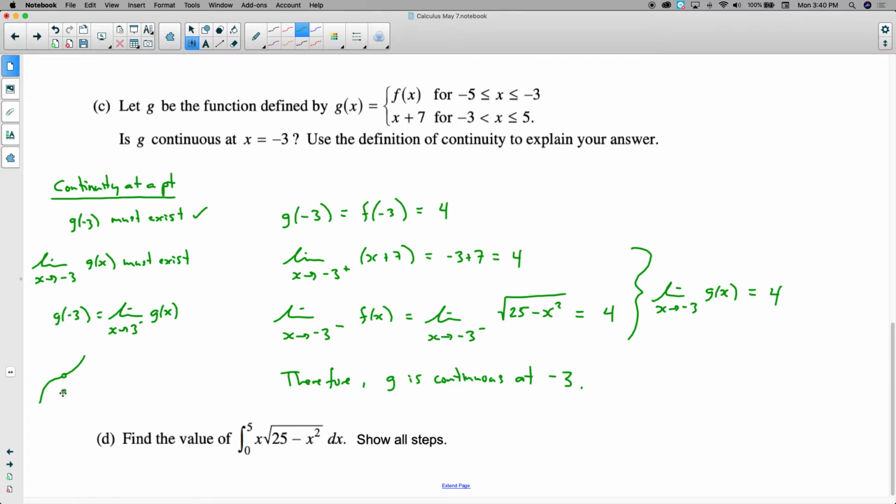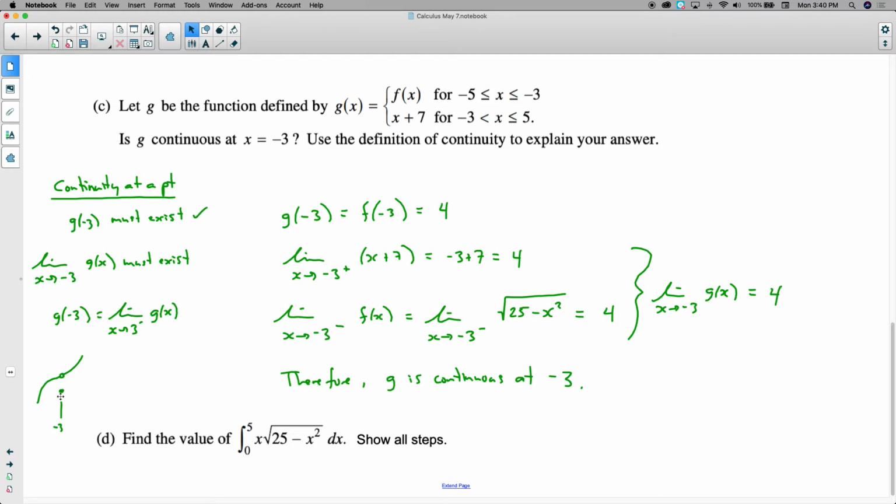So this would be the existence of g at -3, this place being -3, and this would be the limit as we approach -3 exists. But this wouldn't be saying that they're the same. So this is not continuous, and you can see that you have to lift up your pencil. As soon as you take that dot and drop it in there and fill it in, then you're forcing this last one to be true.